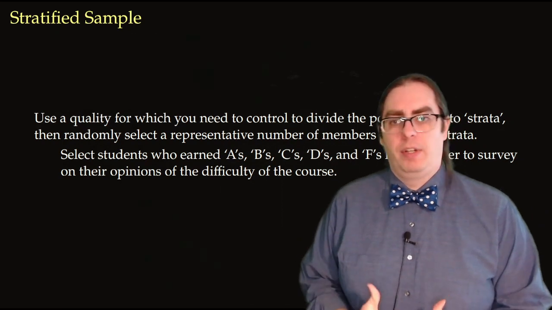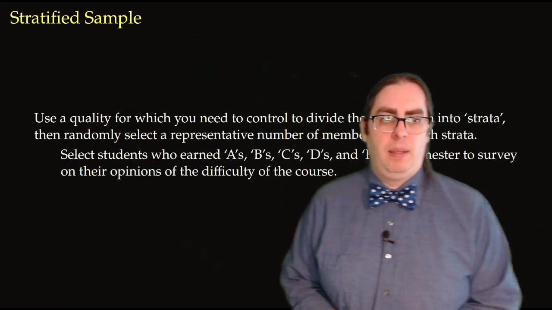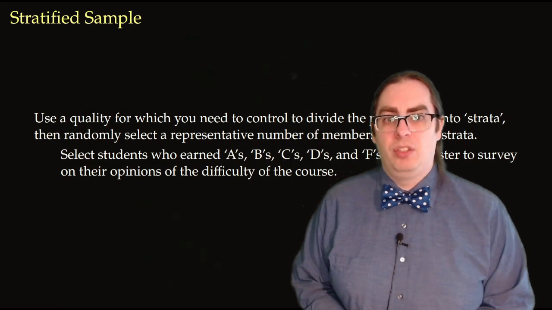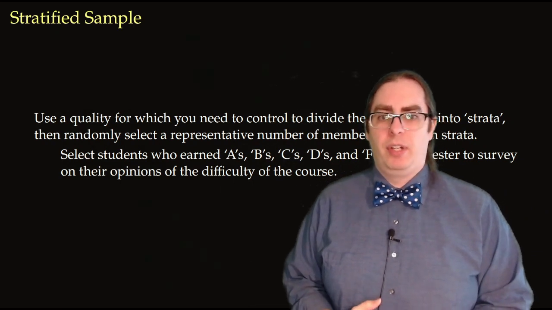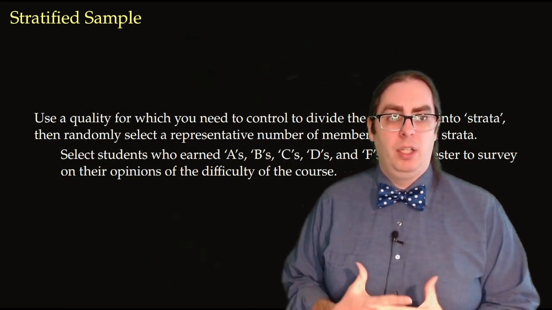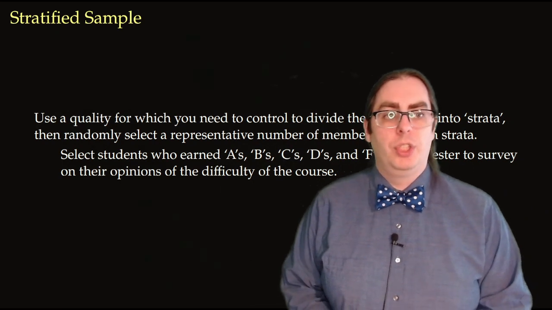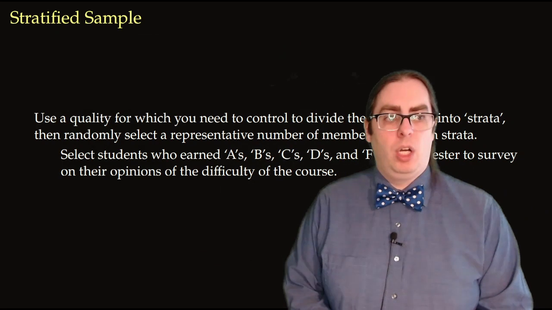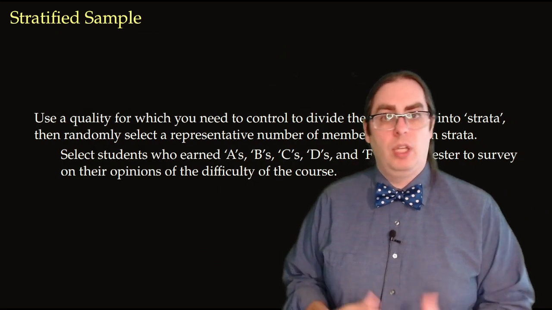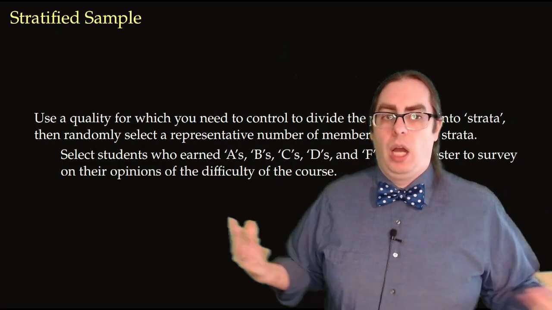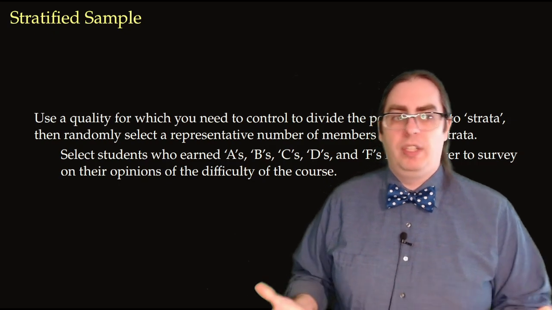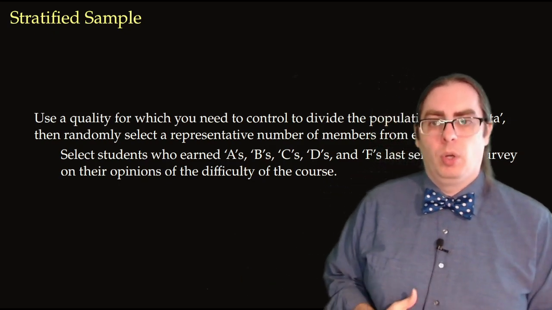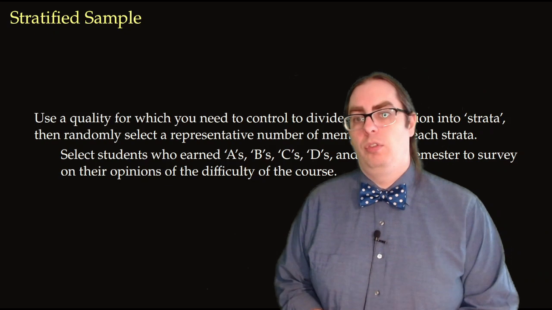Something that I know very well as one of the few mathematicians employed at the college, I very often get involved in statistical research. One thing that you see frequently in college courses is a student opinion survey, where near the end of the semester, we send out a request for feedback from students.